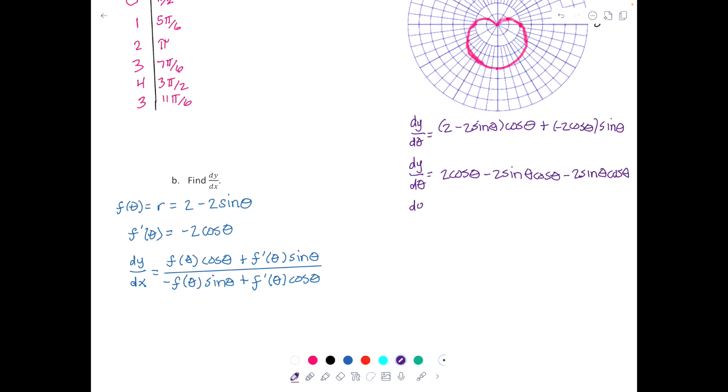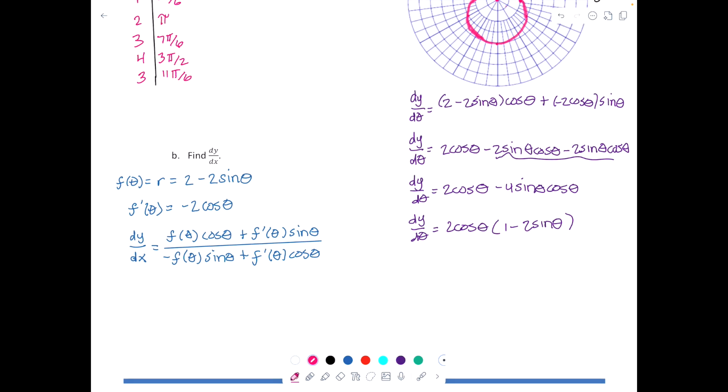So dy d theta will be equal to 2 cosine theta minus 4 times sine theta cosine theta, because those are like terms. And so dy d theta, if I factor out a 2 cosine theta, I'll be left with 1 minus 2 sine theta.